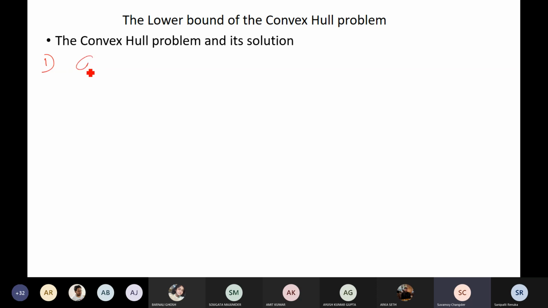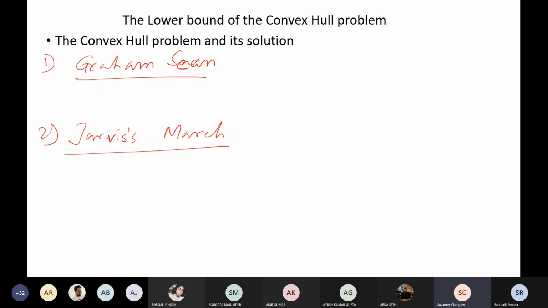One is Graham scan, and another is Jarvis march. The time complexity of Graham scan is big O of n log n, and the Jarvis march is big O of n into h, where h is the number of vertices in CH(Q).